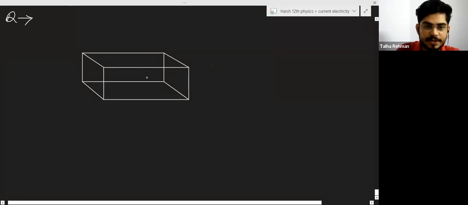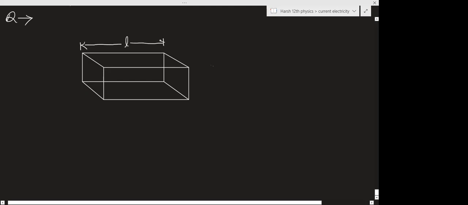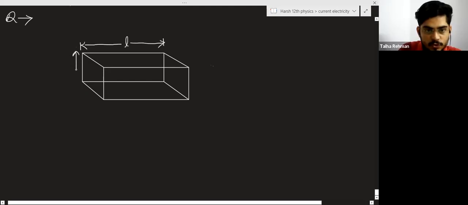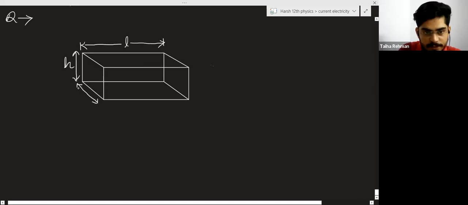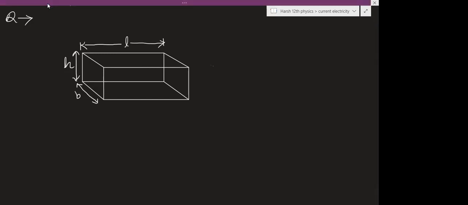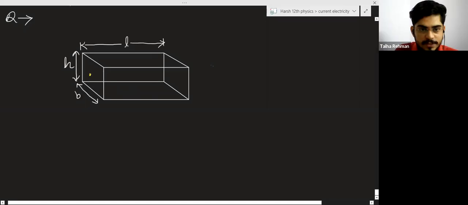This is a cuboid given and length of this cuboid is L, height of this cuboid is H, and width of this cuboid is small v. This is given to us, and on this face point 1 is given, and on this face point 2 is given. On this face point 3 is given. On this face point 4 is given.